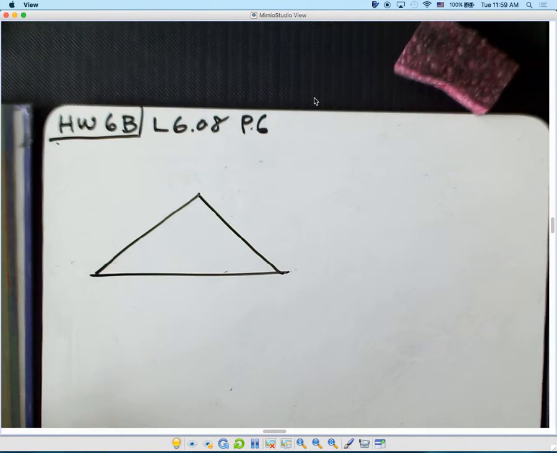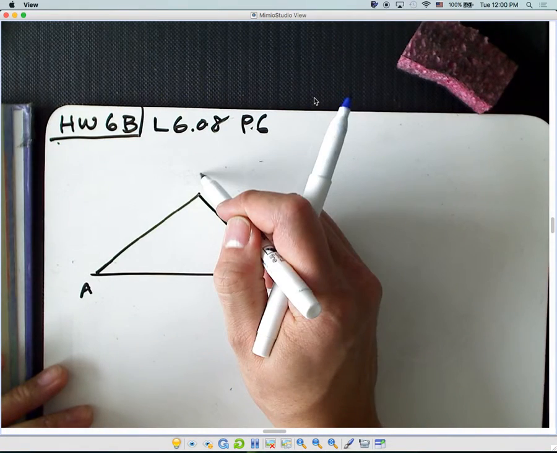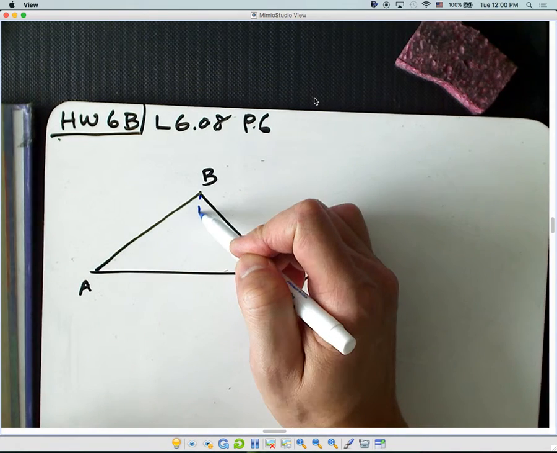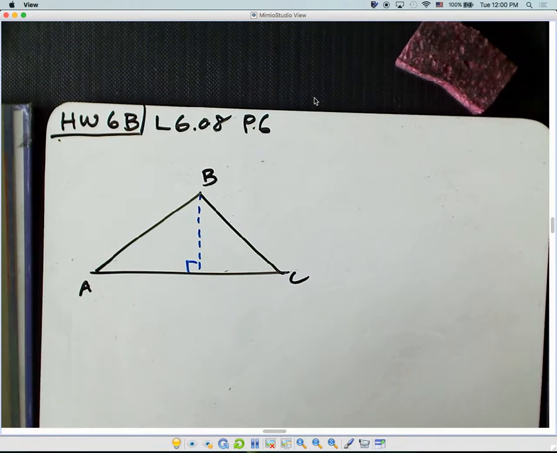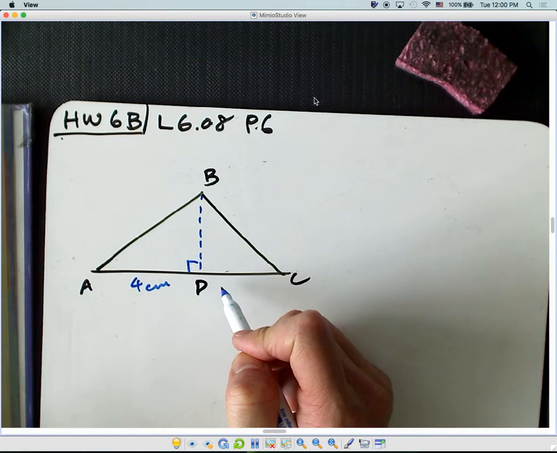And we have A, B, C, and the altitude from A to, well, we have D here. So A to D is 4 centimeters, and D to C is 3 centimeters.